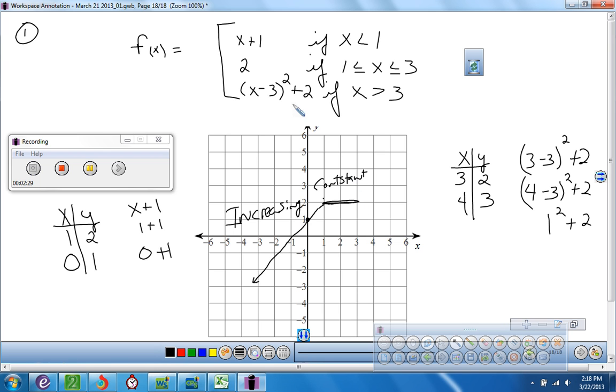Now we have to be careful here. This is a quadratic, so it's not going to be a straight line, it's going to be a curve. So here at 3, we're at 2, so we're here. Now when we're at 4, we go up to 3. And so what we're going to end up with is a curved line.